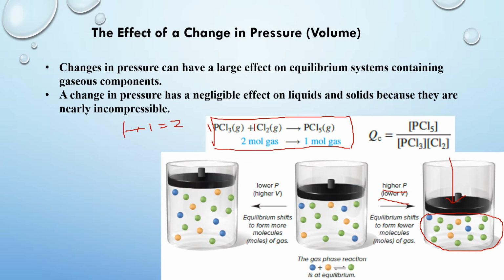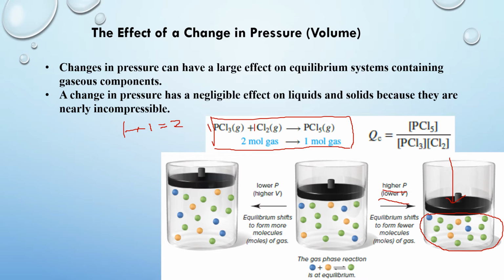So this equilibrium is shifted to form fewer molecules of gas, because there is less space available for these molecules, and they don't want to be so crowded. So they want a decrease in the number of molecules.